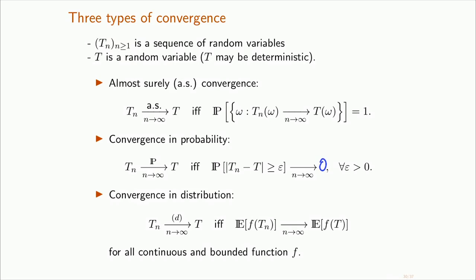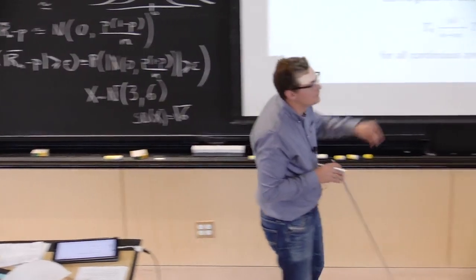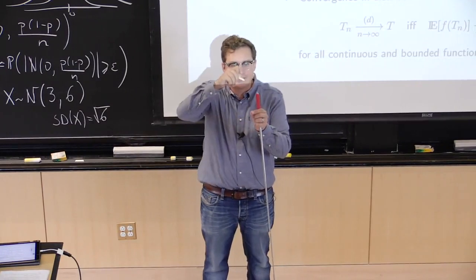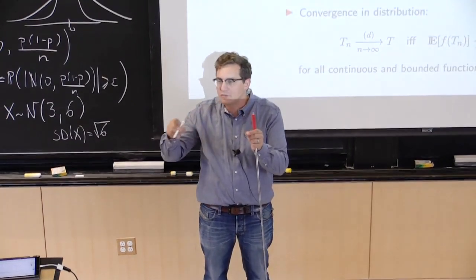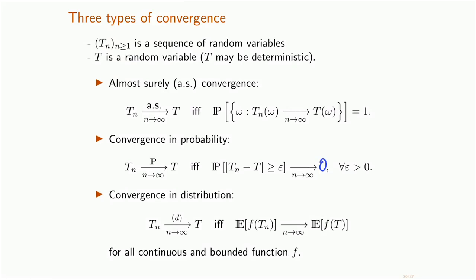So the way you write it formally is by saying that for any bounded continuous function f, its expectation of f of Tn is going to converge to the expectation of f of T. That's a formal mathematical way of doing it. What you're really trying to emulate here with those bounded continuous functions are indicator functions that take value 1 on an interval and 0 elsewhere. Because when I look at the expectation of the indicator of Tn being between a and b, this is just the probability that Tn is between a and b.